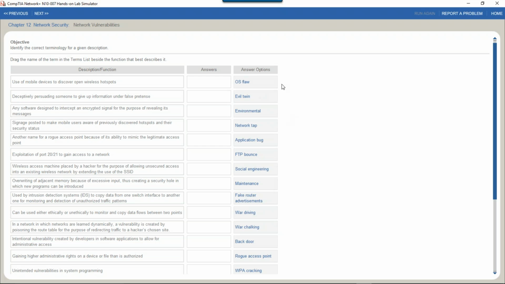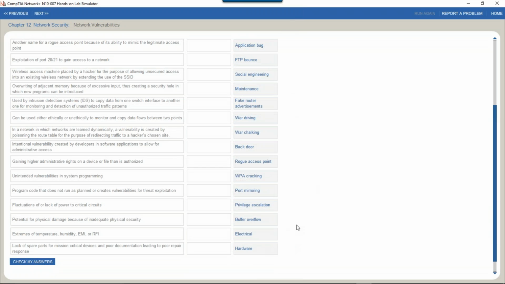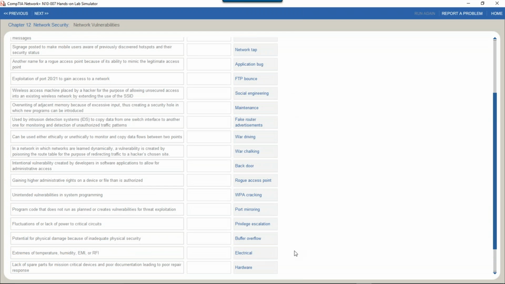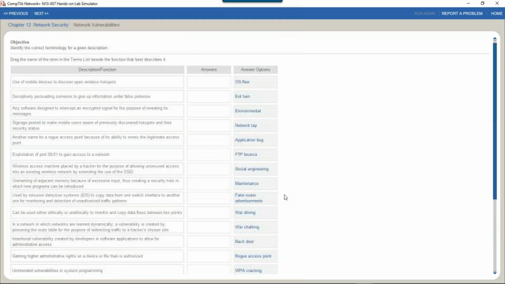Which one would that be? Got a huge list here, so I'll scroll down so you can see them all. We got one consists of rogue access point. Anyone else? It says you're basically just using a mobile device to discover open wireless hotspots.